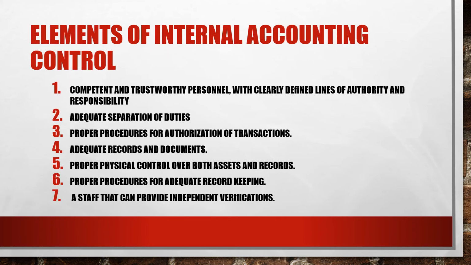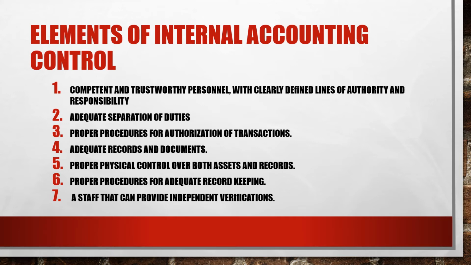Now, let's discuss the elements of internal accounting control. So, there are 7 basic elements that are necessary to meet the broad objectives of good internal accounting control. Objectives that include safeguarding the assets against loss arising from intentional or unintentional errors and producing reliable financial records for internal use and for external reporting purposes.